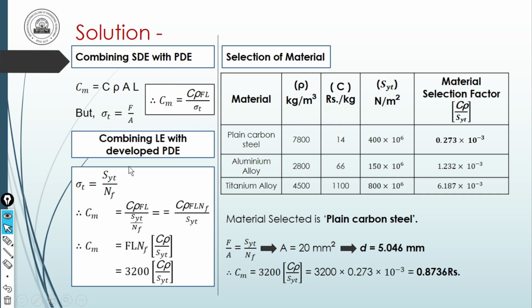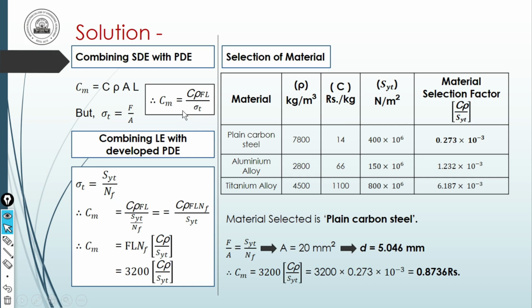Next step is we have to combine limit equations now with this developed primary design equation. Now what is developed PDE here? Developed PDE is nothing but Cm is equal to C rho FL upon sigma T. But again sigma T is unknown, but what is known to us is sigma T is less than or equal to SYT upon NF.